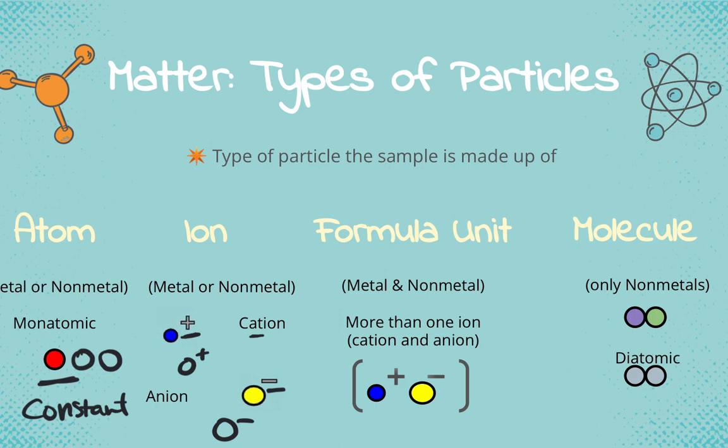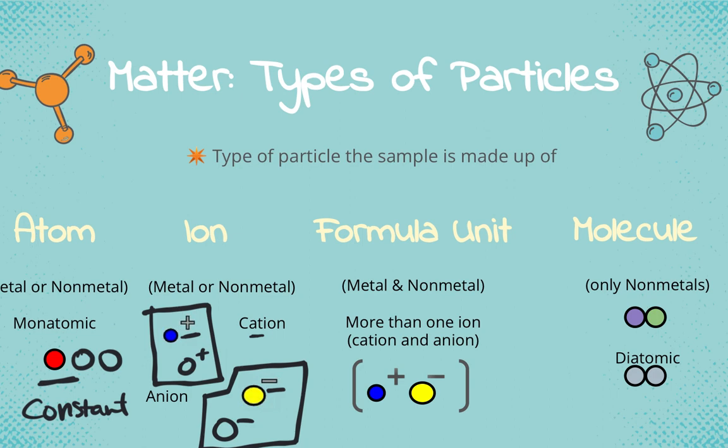When we look at the ions that we talked about, they too would have constant composition because a sample of these cations would be the same element, the same charged particles, and so all of the particles inside that sample would be the same. A sample of these anions would have a constant composition as well because all of those charged particles are the same throughout.